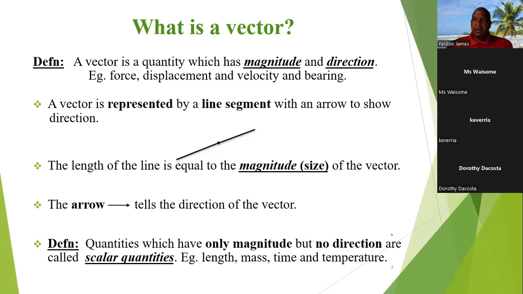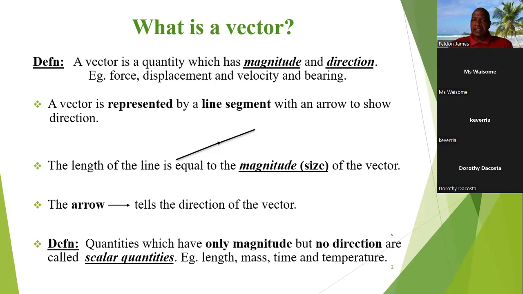For instance, when you hold a stone and you allow it to fall, that stone will fall in a straight line. So based on the object itself, we know that the object is experiencing some force on it, a pull on it in a straight line. But we cannot actually see the force. But we know that the stone is experiencing the force.